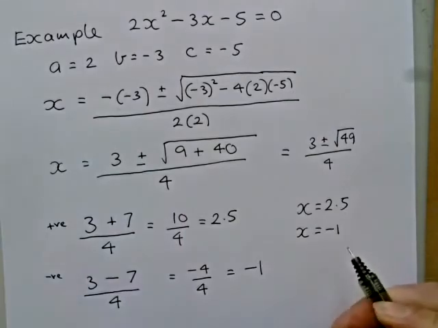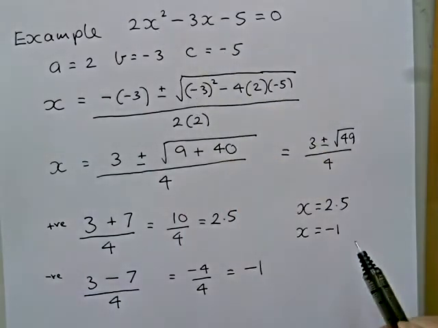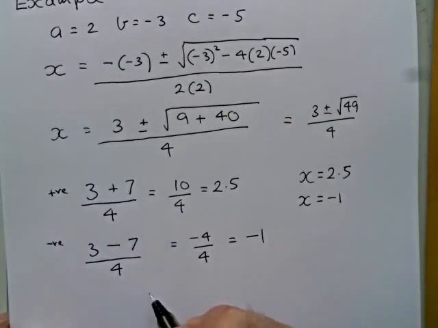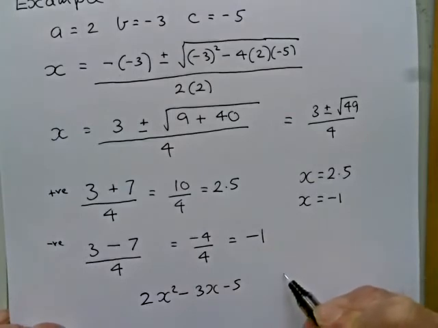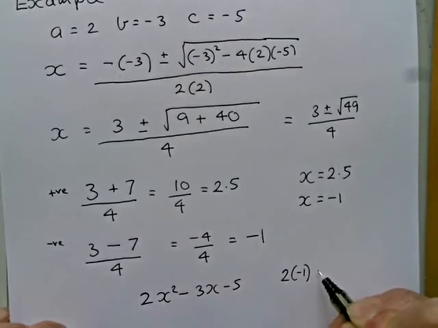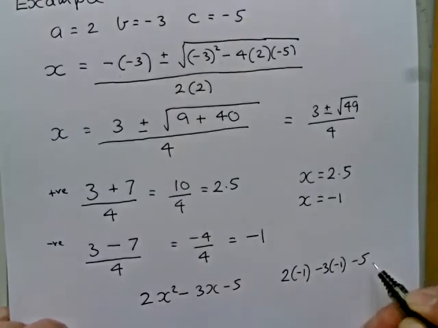We could check with the minus 1 by putting it back into the equation, just to be absolutely sure we've got it right. So here's our equation, I'll write it up so you can see it again, 2x squared minus 3x minus 5. If I put minus 1 in there, I'm going to get 2 times minus 1 squared, minus 3 times minus 1, minus 5.